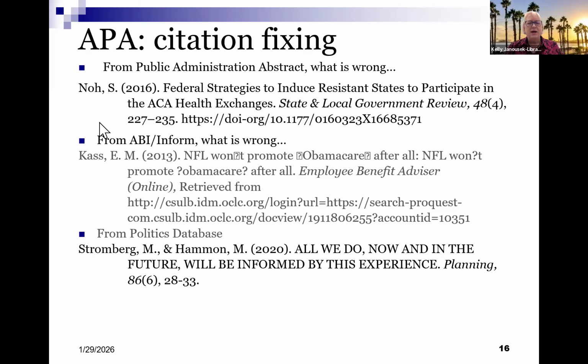The word all isn't capitalized, not LL, just the A, nothing else. The reason why there's no DOI here, Planning is a trade professional journal by the American Planning Association. Trade professional journals do not have DOIs. They're not scholarly. Are you starting to see the difference when I talk about different kinds of articles? There's a reason why we need to distinguish them, because it depends on whether they have a DOI or not. Depends on where you find them, that kind of thing.